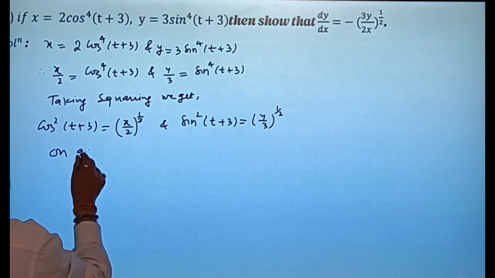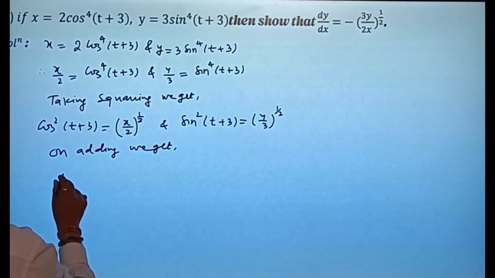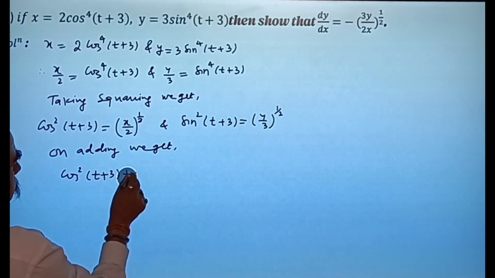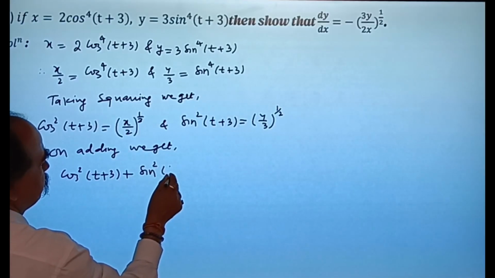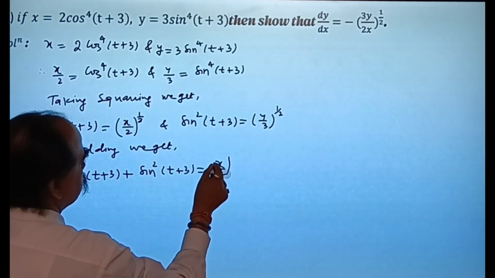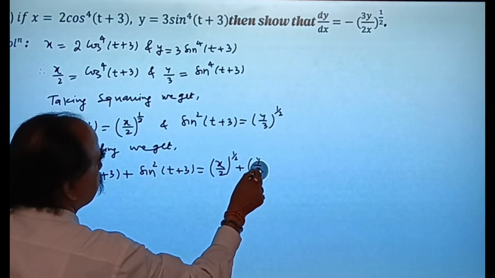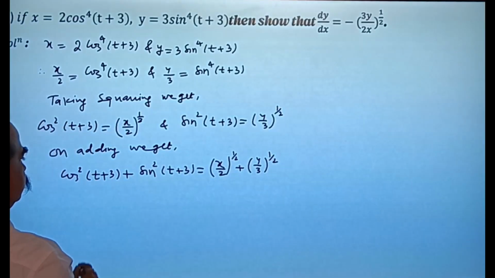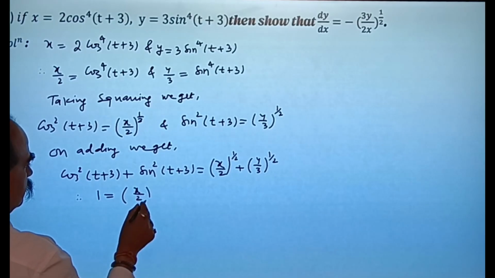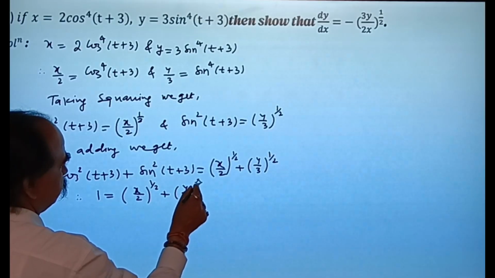On adding, we get cos square t plus 3 plus sin square t plus 3 is equal to x upon 2 raised to half plus y upon 3 raised to half. So 1 is equal to x upon 2 raised to half plus y upon 3 raised to half.